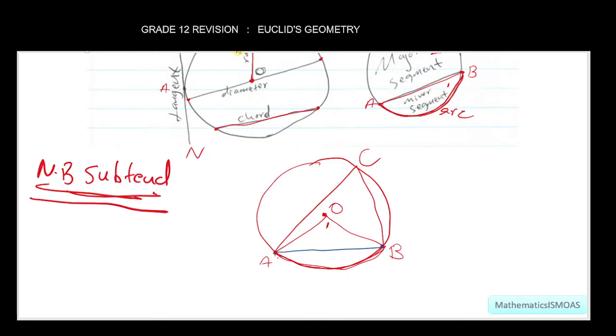A chord is a line segment, and an arc is a curve joining two endpoints. So from point A to point B, we have an arc and a chord. The chord subtends angle A1, also subtends angle C, and the arc subtends angle A1 and also angle C. That is what we mean by subtending.